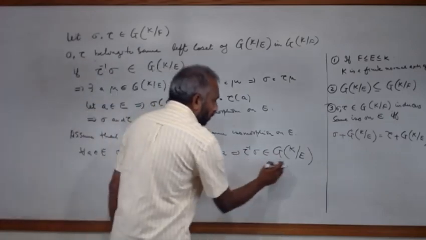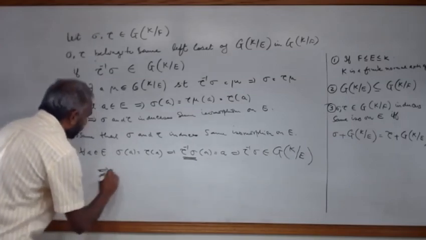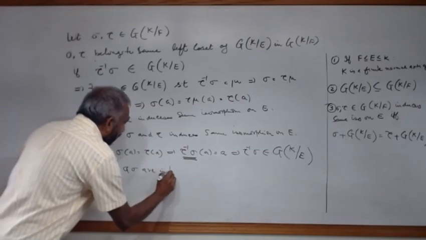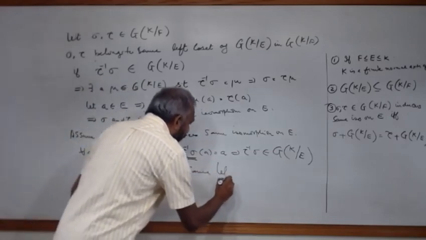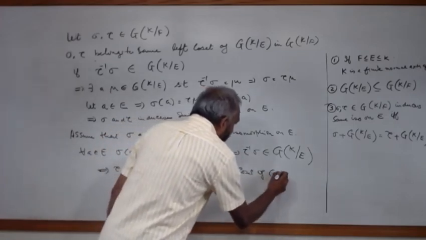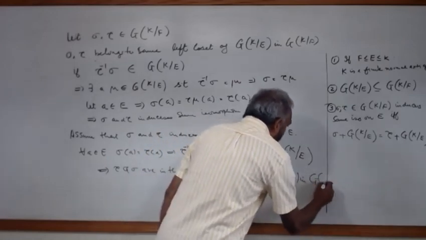So this belongs here. And that implies tau and sigma are in the same left coset of G(K/E) in G(K/F).